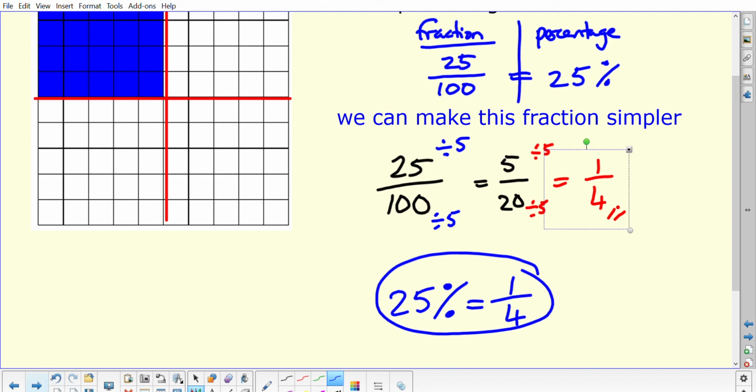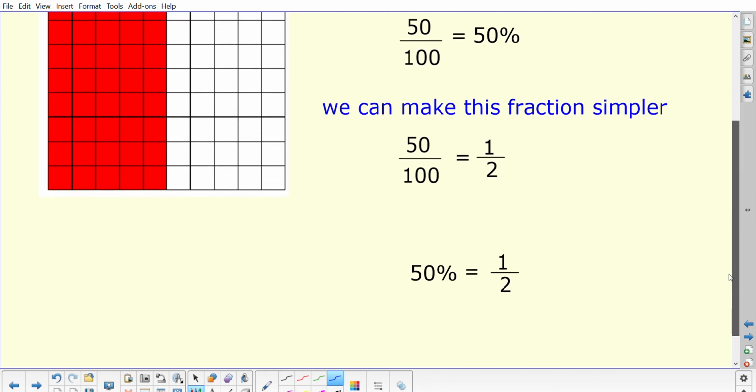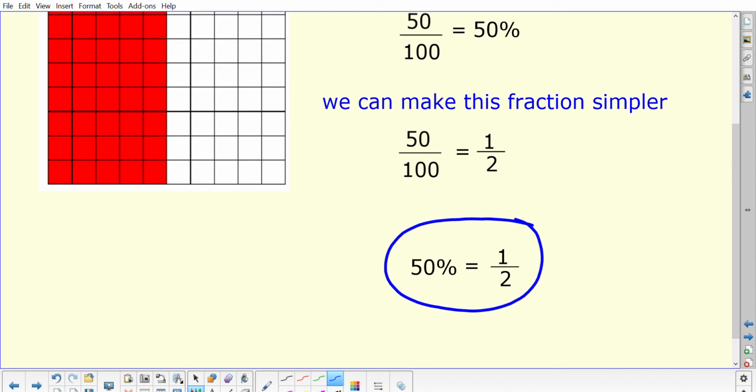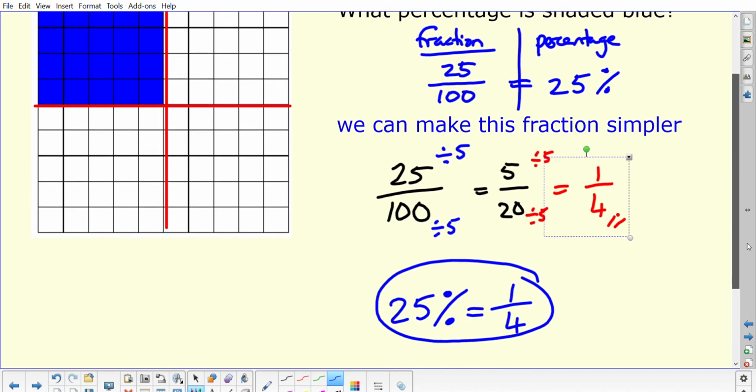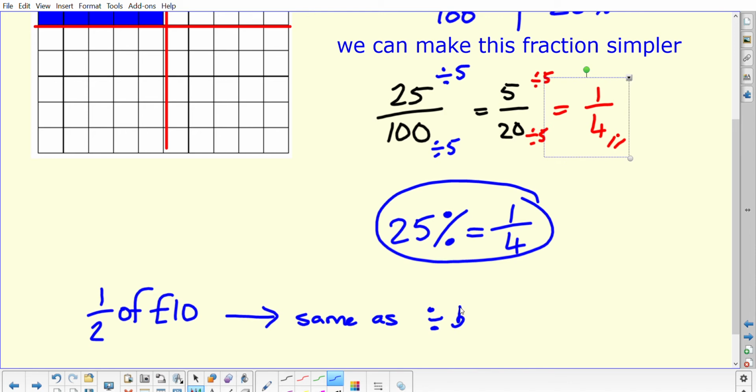So we're going to use these two facts. What you've just learned is that if you've got 50% of something, it is the same thing as a half. And if you've got 25% of something, that is the same thing as saying you've got a quarter of it. Now, when we were working with fractions, if you have to work out a half of 10, for example, a half of something is the same as dividing by 2.